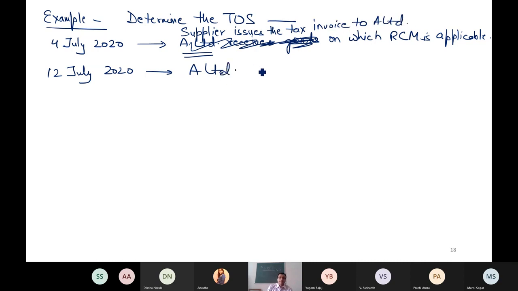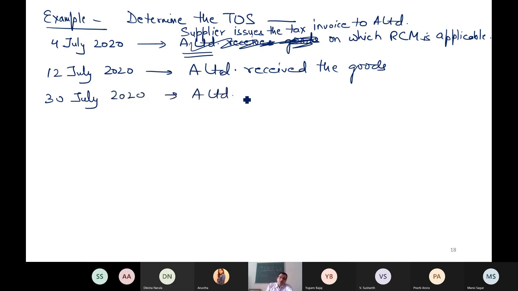But after 8 days, I received the goods. After 18 days approximately, A Limited made the payment and thus entered it in the books of account.